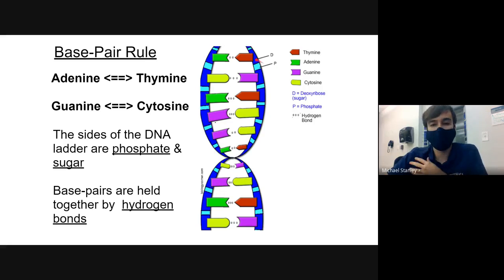In this picture, the dark blue is meant to represent the sugar part, and the light blue is supposed to represent the in-between phosphate part. And then the A's and T's and G's and C's bond together across the middle of the DNA, again, sort of like the steps on a ladder go across the middle.